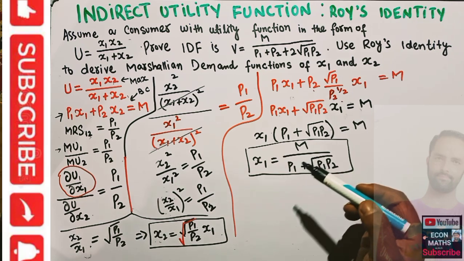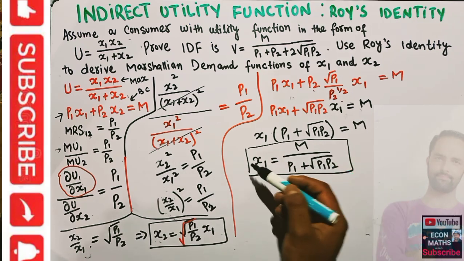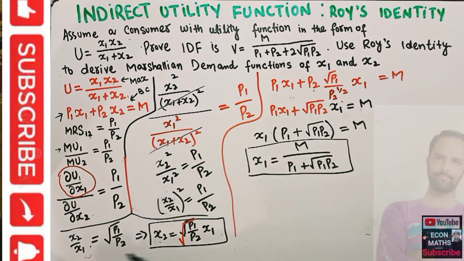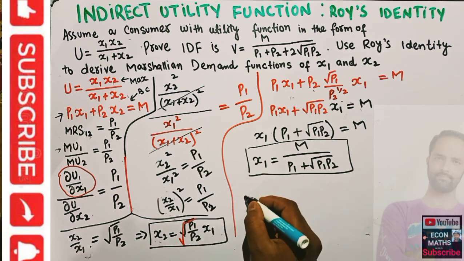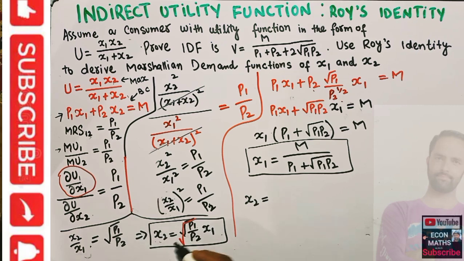Now just plug this x1 into this function to get the demand function for good x2. Okay, so if I plug this value here, so our x2 will be equal to, let me write it again here. So we have here p1 upon p2.